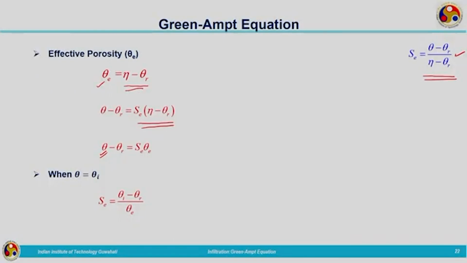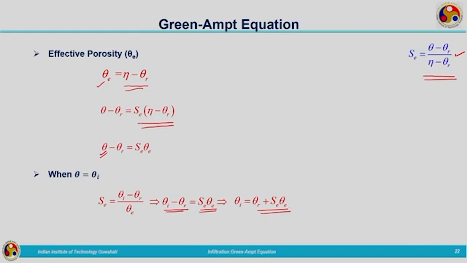Before infiltration started, soil was having a moisture content of theta I, that we are substituting and finding out the expression for effective saturation. So SC is equal to theta I minus theta R divided by theta E. From this expression we can get theta I minus theta R is equal to SC theta E, which implies theta I is equal to theta R plus SC theta E.